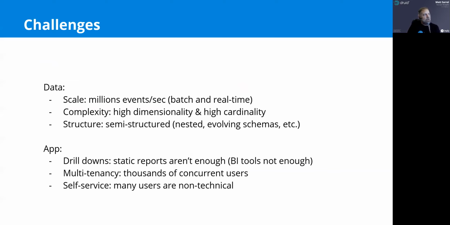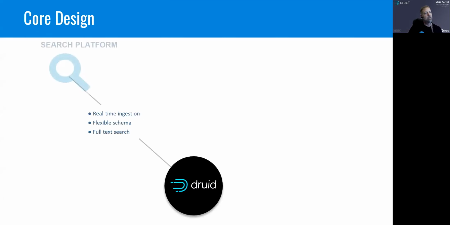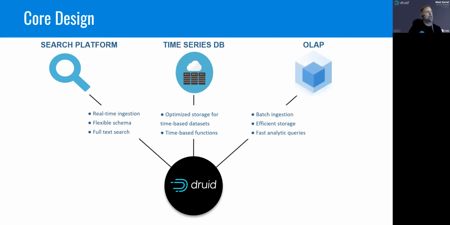But it's not so easy to do that. You face challenges in terms of scale and complexity, and in terms of the app you're trying to build. This was specifically about what MetaMarkets was facing. And what they did was they looked at a bunch of different solutions.